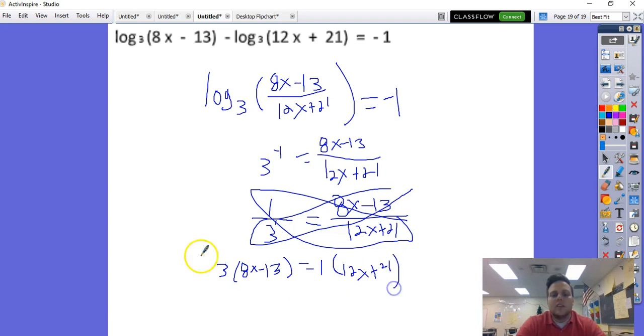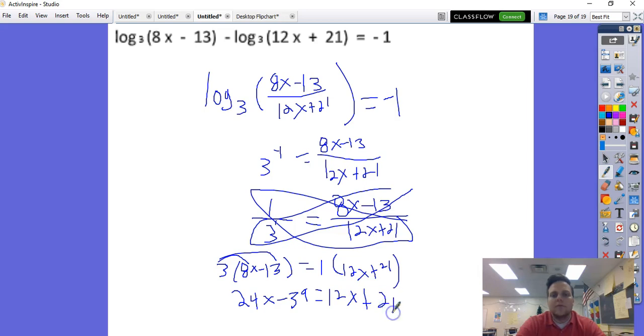So then I distribute the 3 in. So I get 24x minus 39 is equal to, distribute your 1 in, 12x, because 1 times 12x is 12x, plus 21, because 1 times 21 is 21.